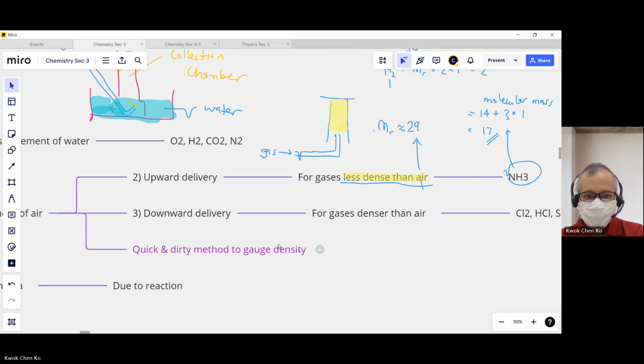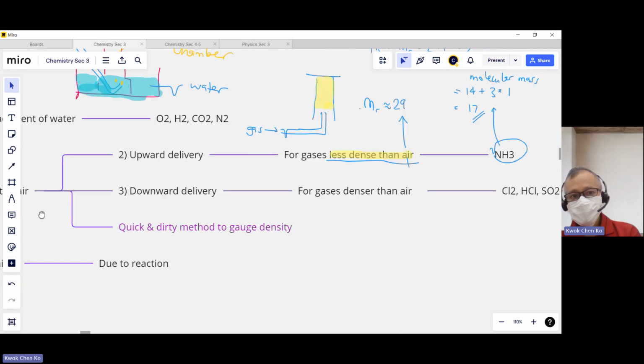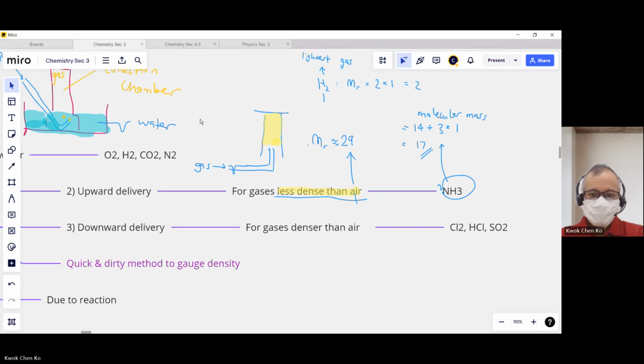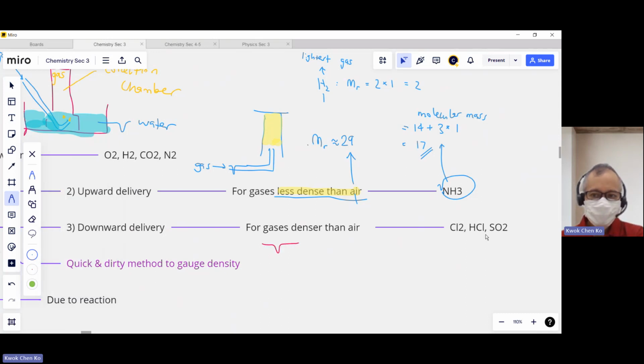Now, lastly, the other method is downward delivery. Now, both upward and downward delivery are considered a displacement of air. And you can probably figure out how it's like. So again, I have a downward tube, glass tube usually, so your gas goes through the tube. And you typically just put a glass container here.